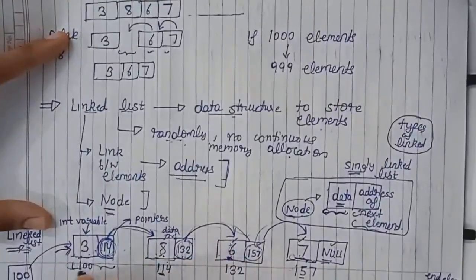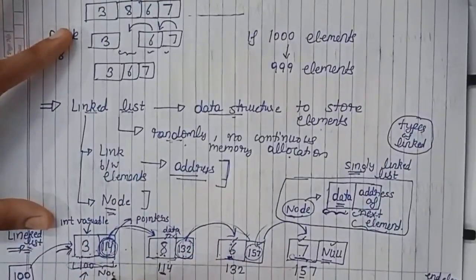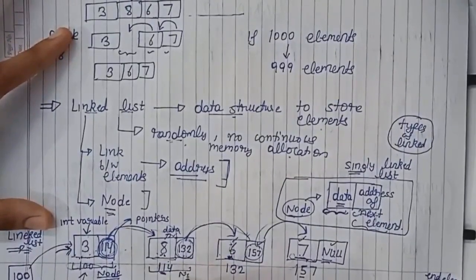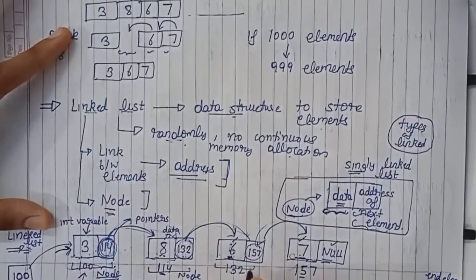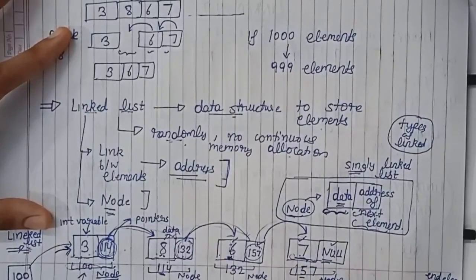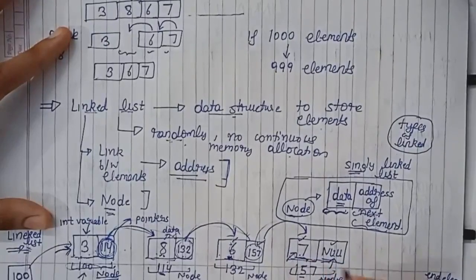because we know that in a linked list this complete structure is called one node. So this is the first node, this is the second node, this is the third node, and this is the fourth node. In each node itself we have one data value and the address of the next element.